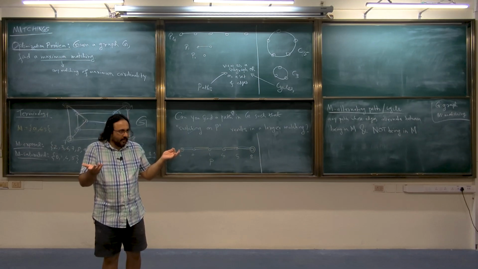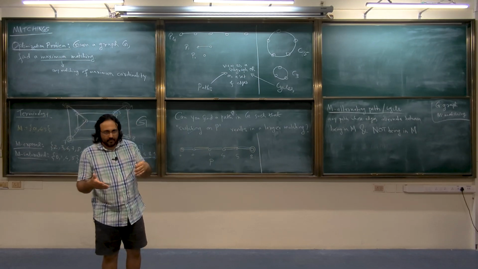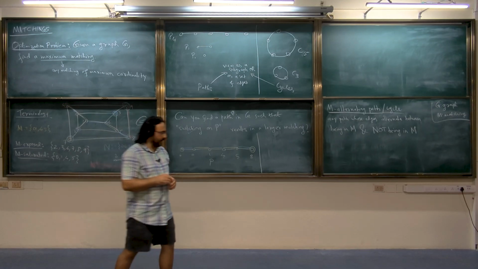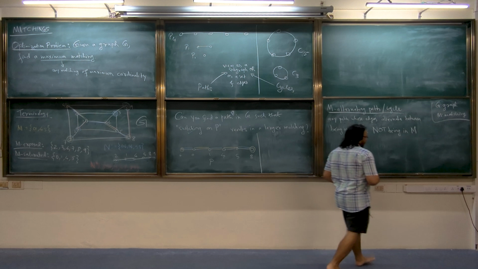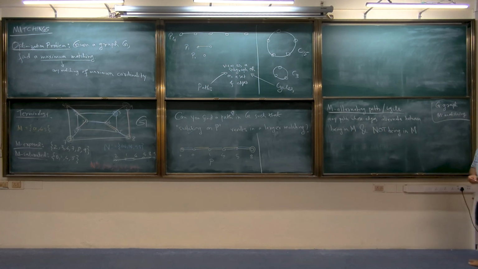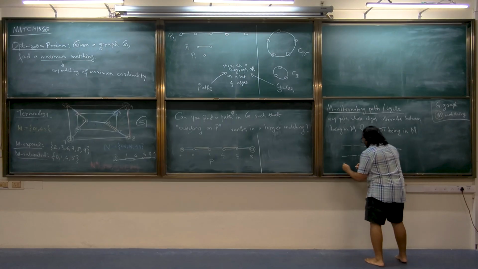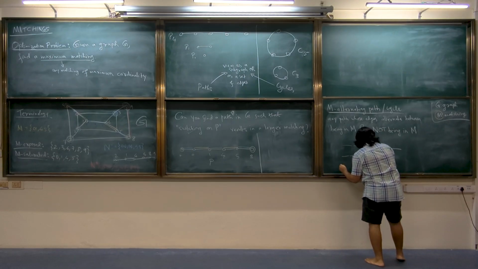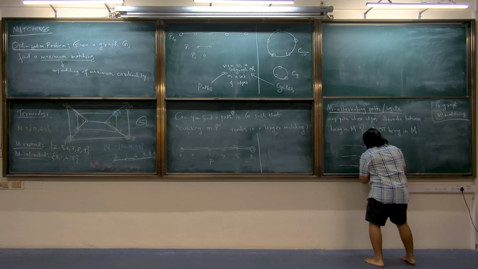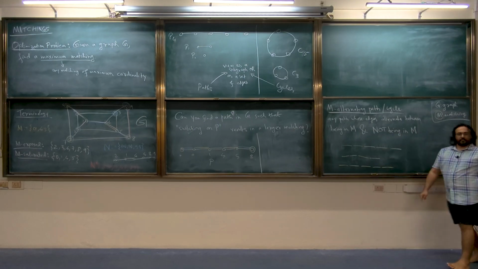Could start and end in M, start in M but end not in M, whatever. Anything is possible. Let's just draw some examples. So if my M is yellow, an alternating path basically looks like this. These are the three types.